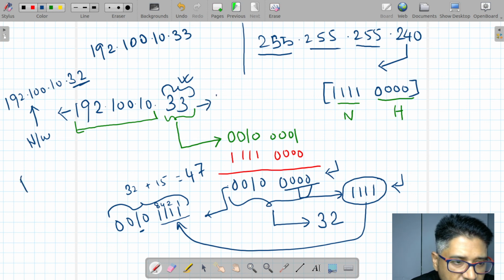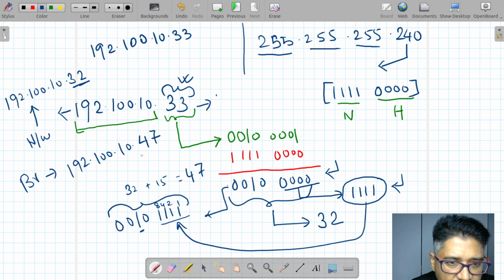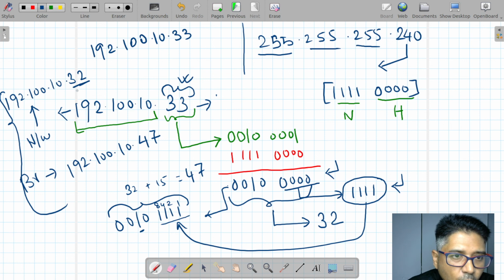Your broadcast IP is going to be 192.100.10.47.